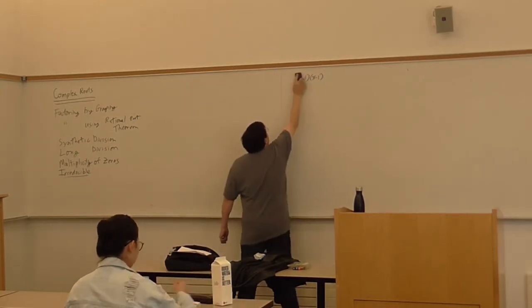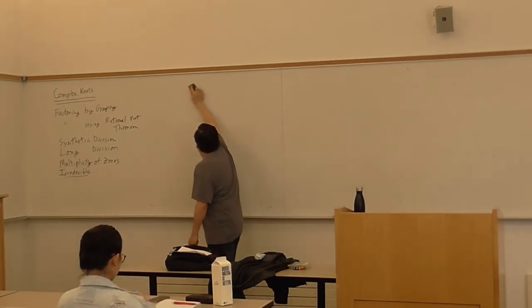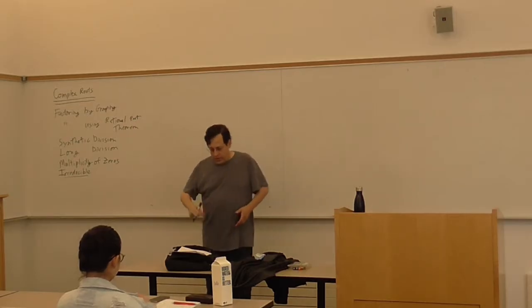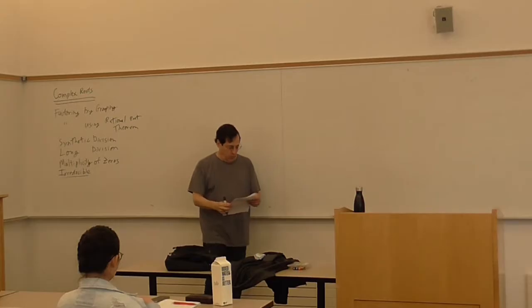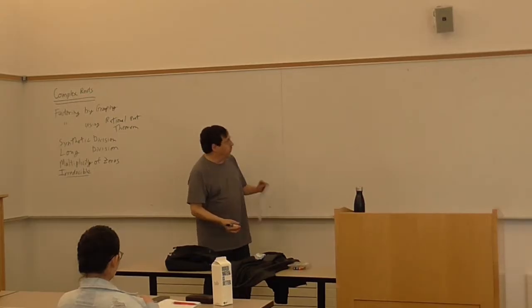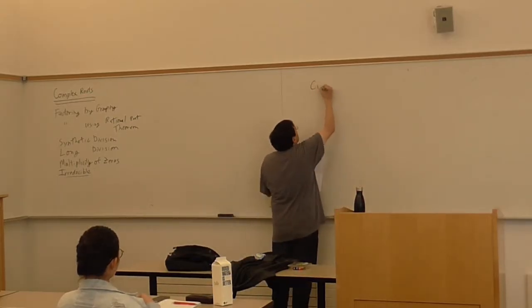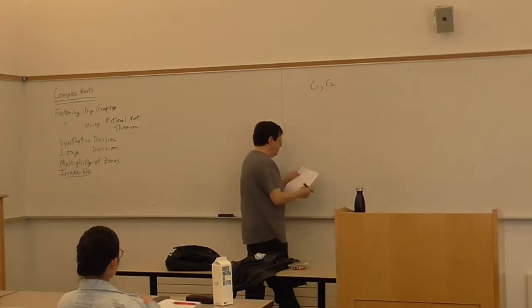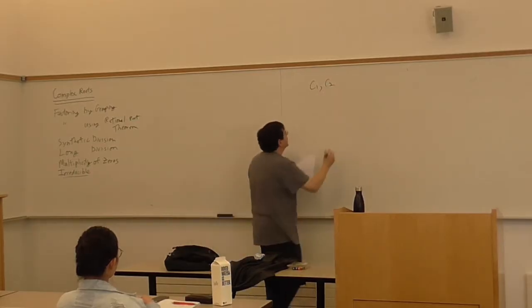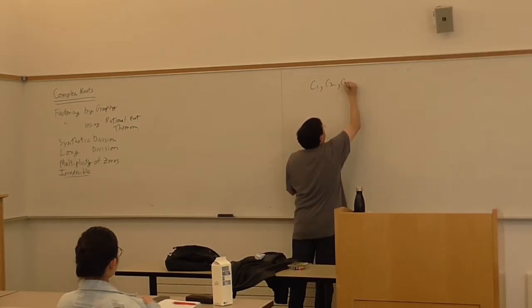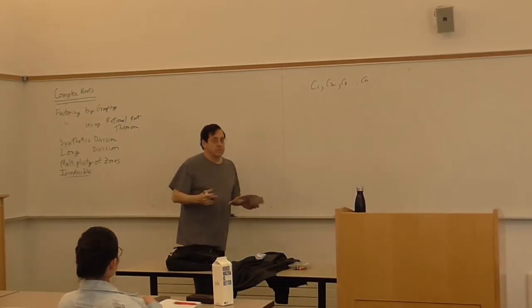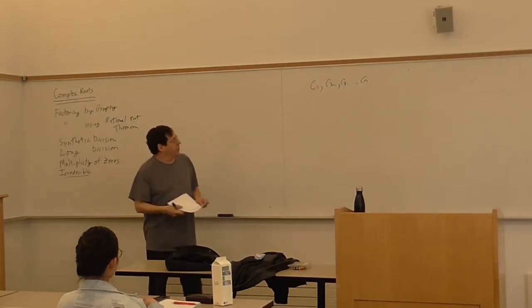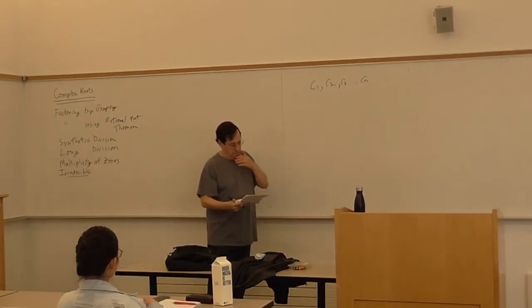The almost last thing we want to do is reverse this process. We want to say, what if we have a bunch of roots, and we want a polynomial for which these are the roots.